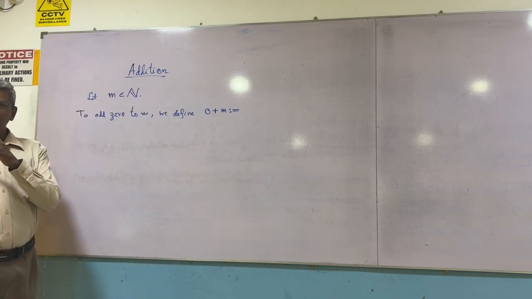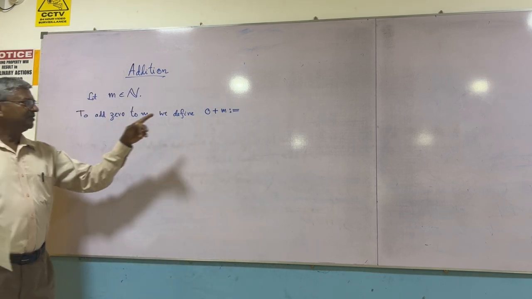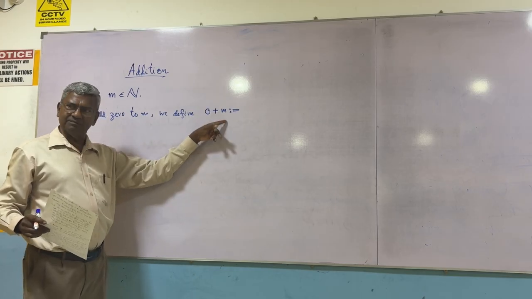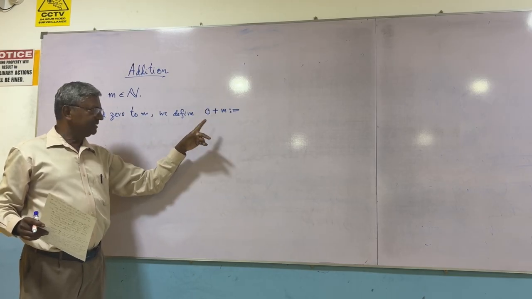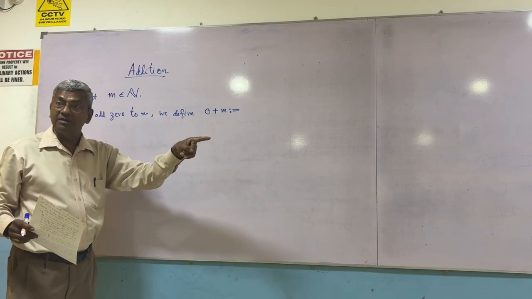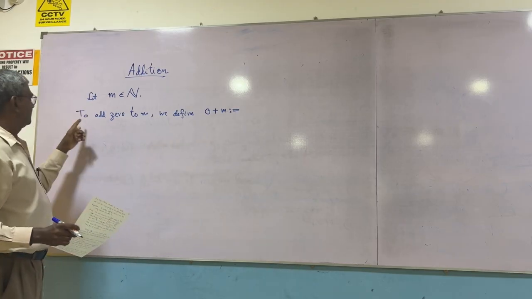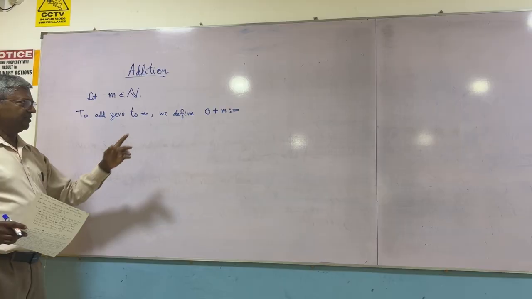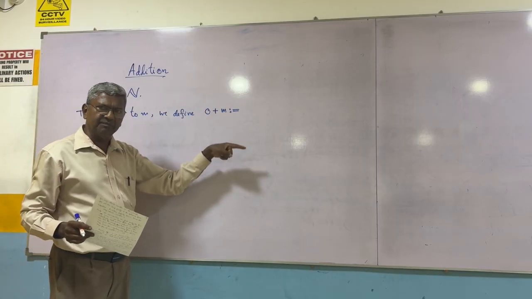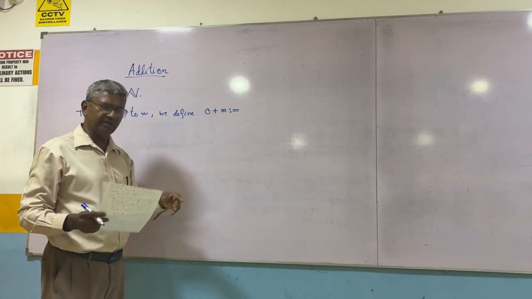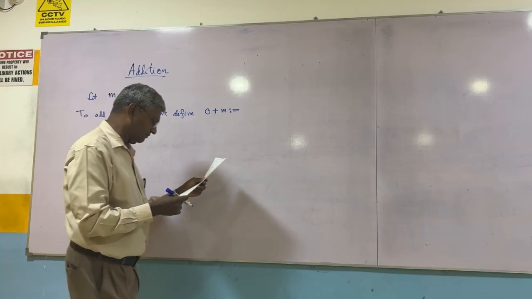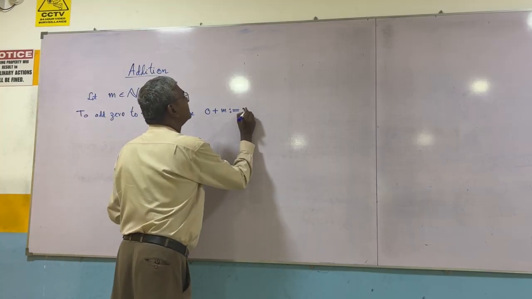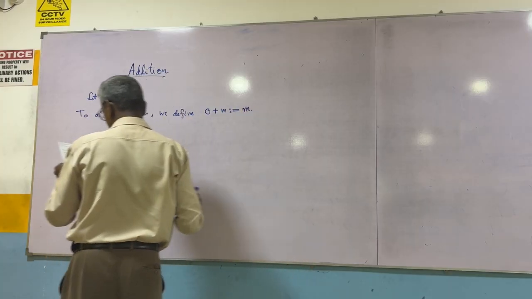You need to remember, look at the word: you are adding 0 to m, not m to 0. Very important. 0 to m, and the answer is m. This is the definition.